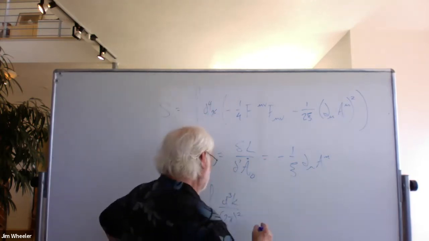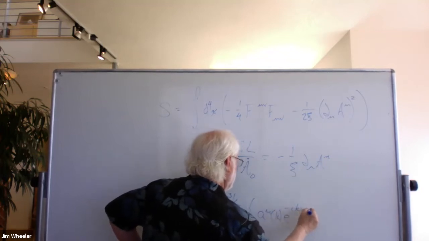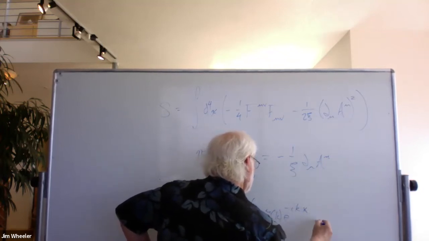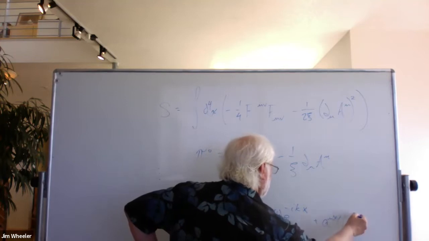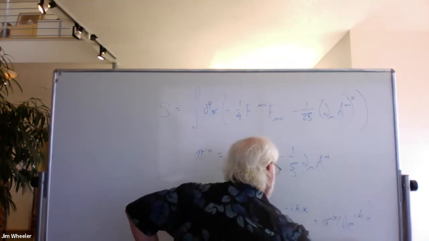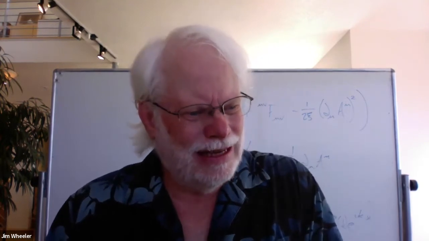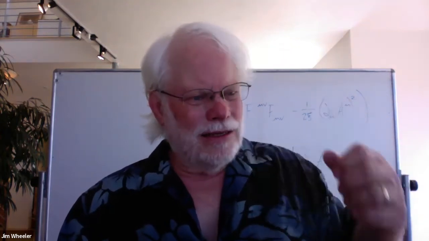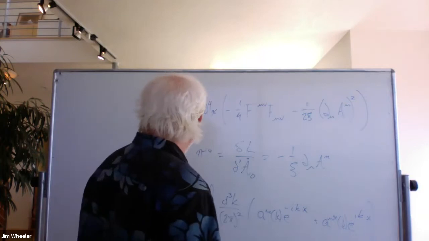And then we have Fourier modes, a_μ of k, e to the minus i k dot x, plus a_μ dagger, if it's a real field, that's going to be the conjugate, e to the i k dot x, where I've already integrated over a delta function. So omega here is omega of k, satisfying the wave equation. The equation of motion for A has additional terms. So it's not just the usual gauge thing.